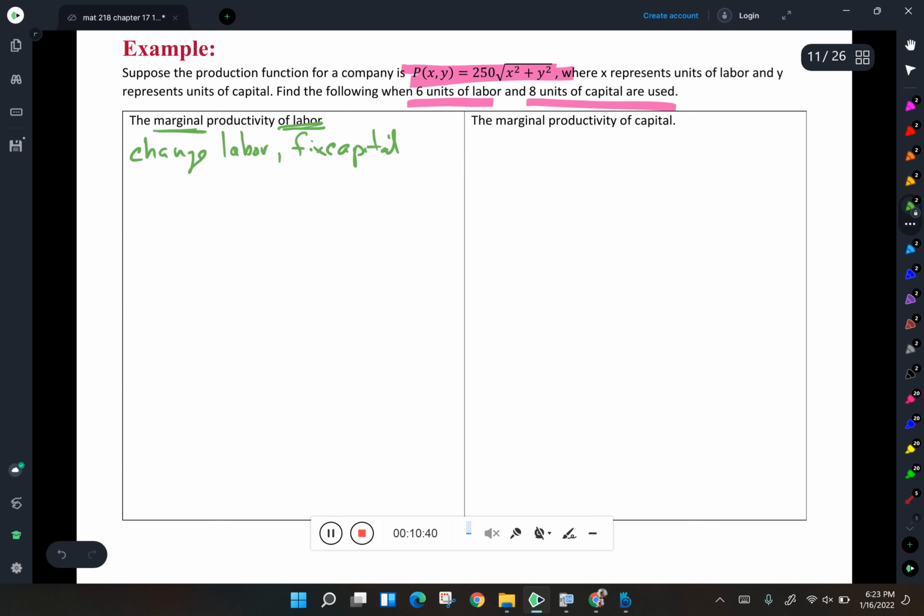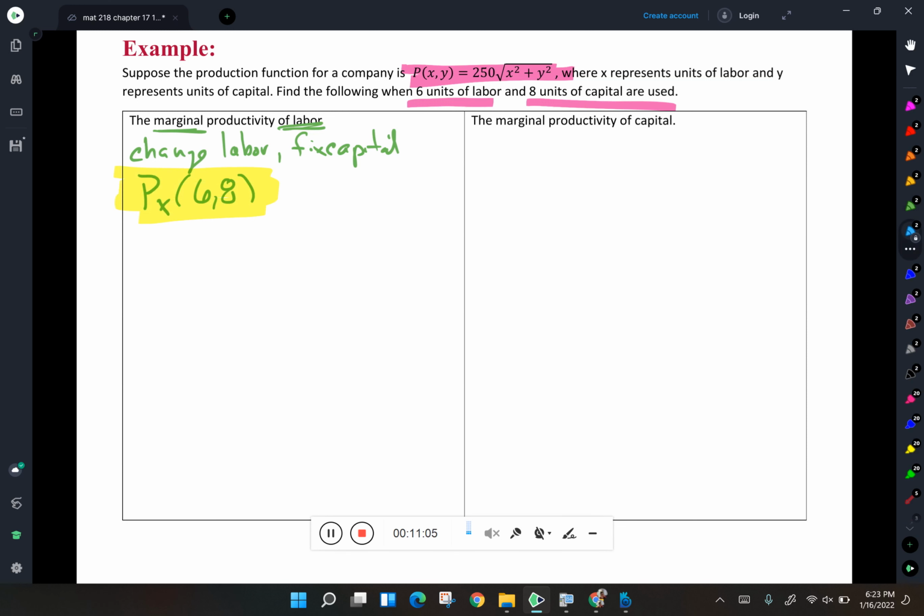Or, for us, find P sub X. And so what this really tells me to do is says find P sub X for 6, 8. And now that I've reduced it down to this problem, I know exactly what to do. Take a partial derivative, chuck in a 6 and an 8, call it a day. All right, so let's go ahead and do that.